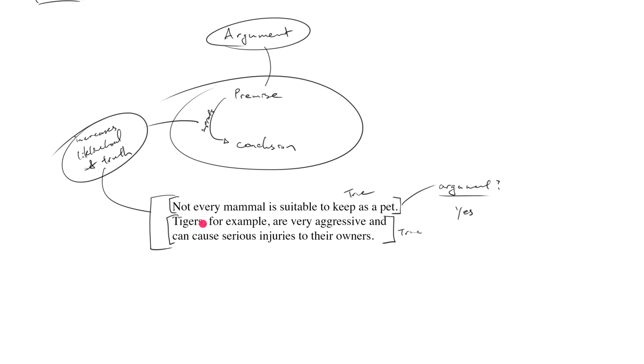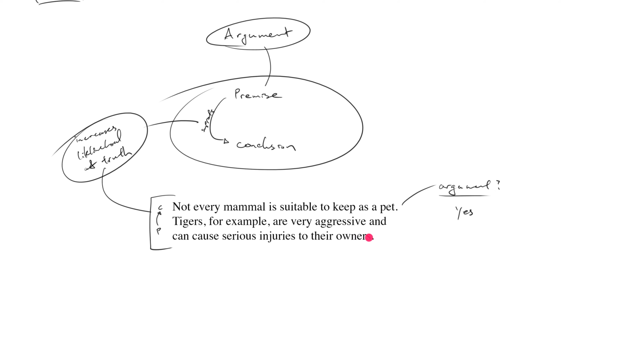I'm talking about tigers. So here we are looking at an argument where the second sentence is the premise claim, and the first sentence is the conclusion claim, and the support goes this way. Now, some of you might be wondering, well, hold on a second, the arrow goes from up to down over here, but how come it goes from down to up over here? That's because order doesn't matter.